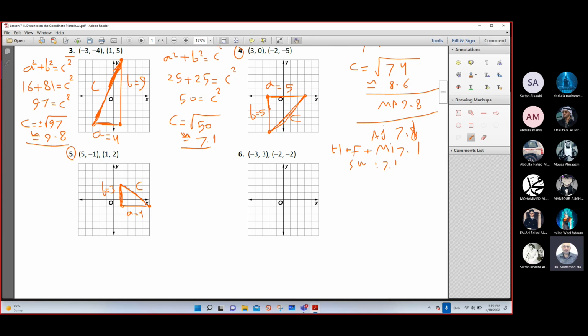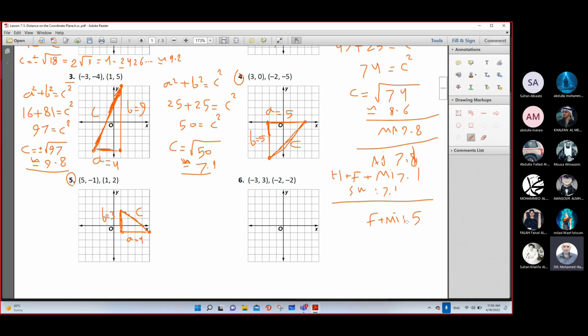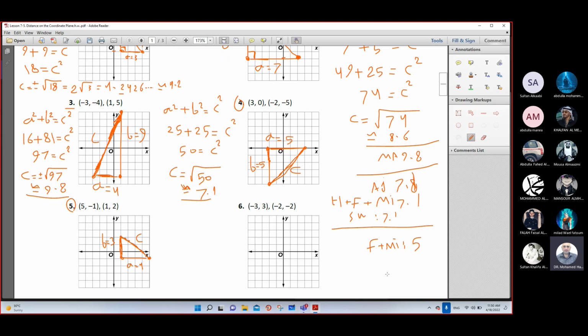Start please. 5. So Falah and Milad said 5. Can you go up? Thank you, Sultan.